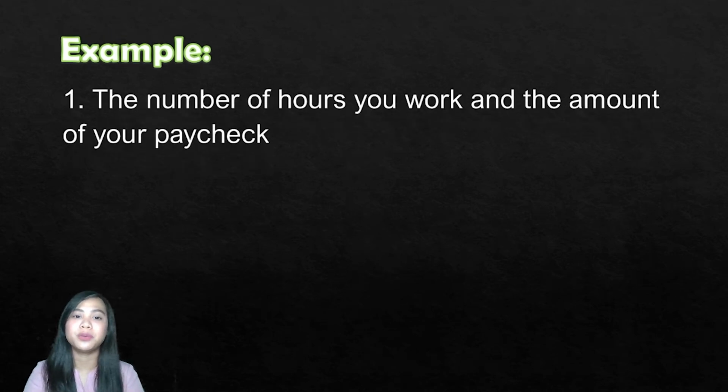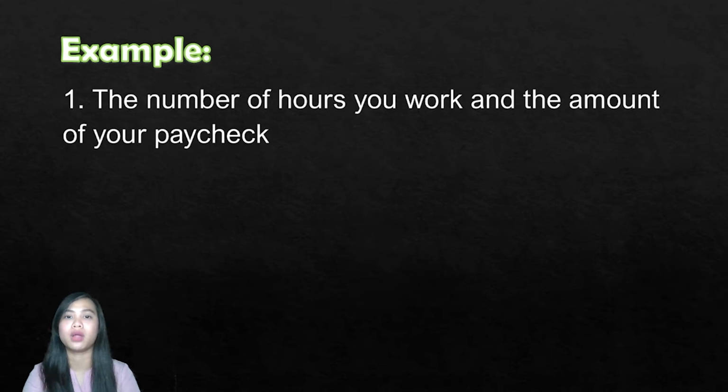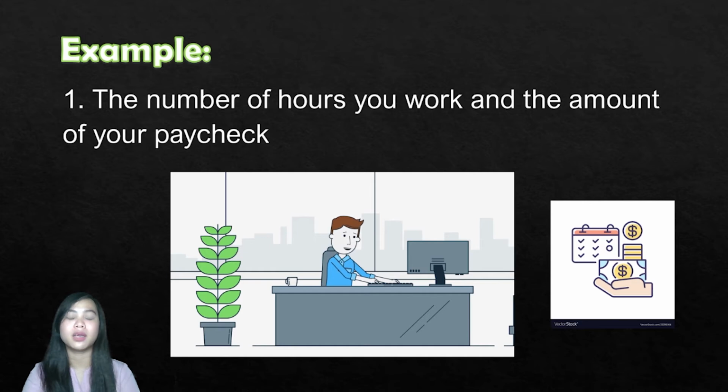First example: the number of hours you work in your company, in the organization or institution you are involved in, is directly proportional to the amount of your paycheck. How?